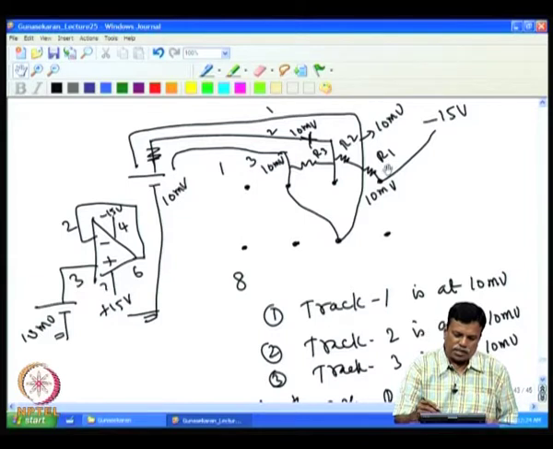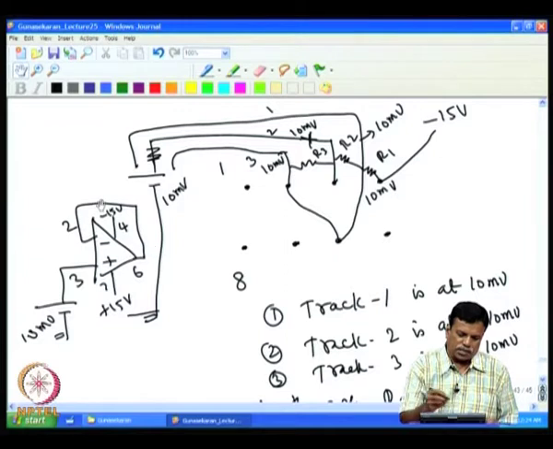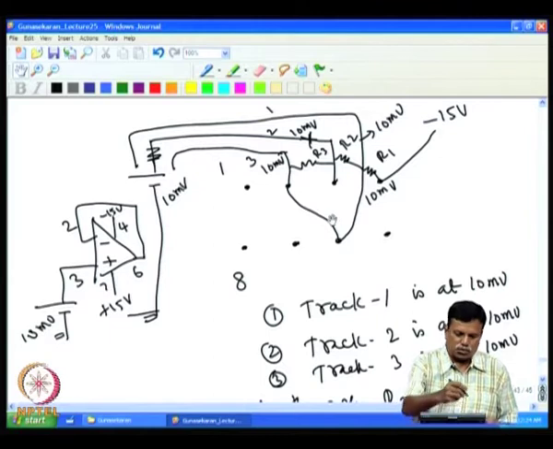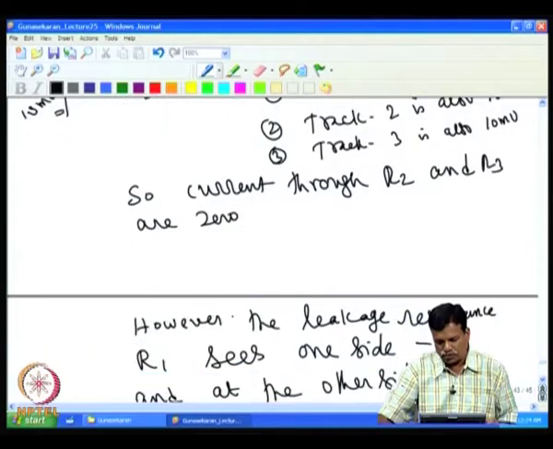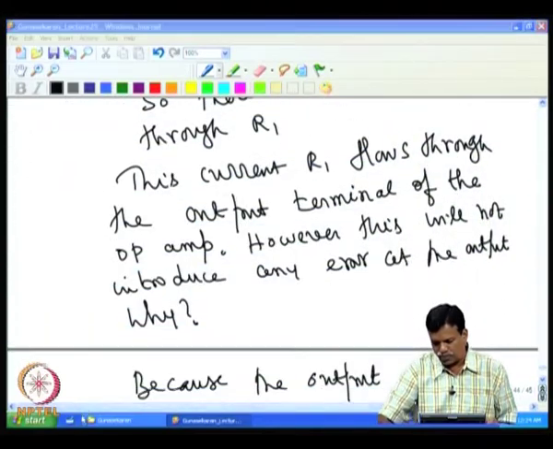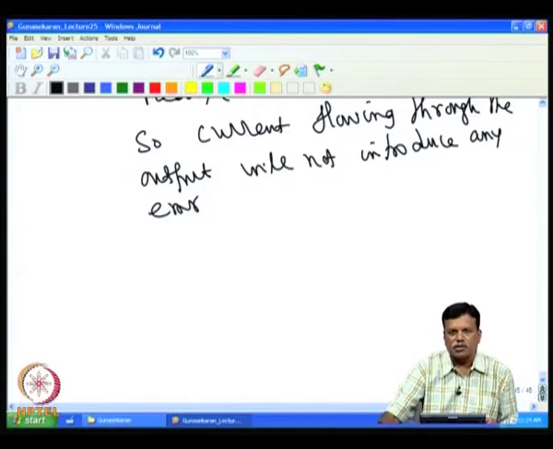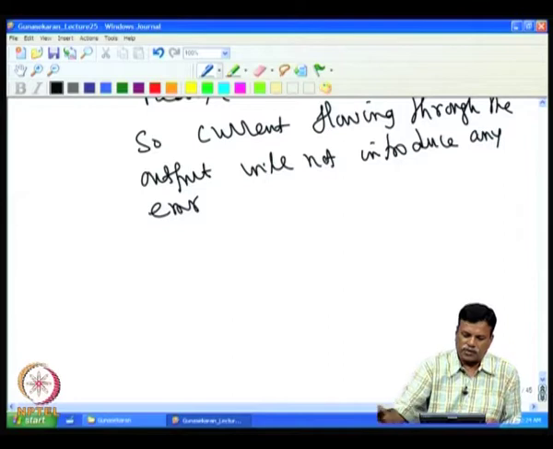Of course, we may wonder what happens if I connect one resistance between 2 and 6, because in this case we have directly shorted them. Instead of that, if I connect a resistance between 2 and 6, I will show it in a separate figure to avoid confusion. Because we said we introduce a resistance in the feedback, equivalent to the input resistance, to reduce the bias current error.